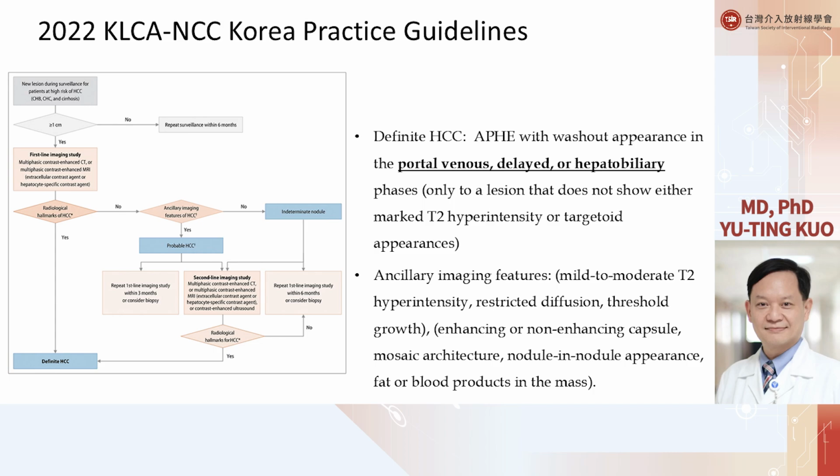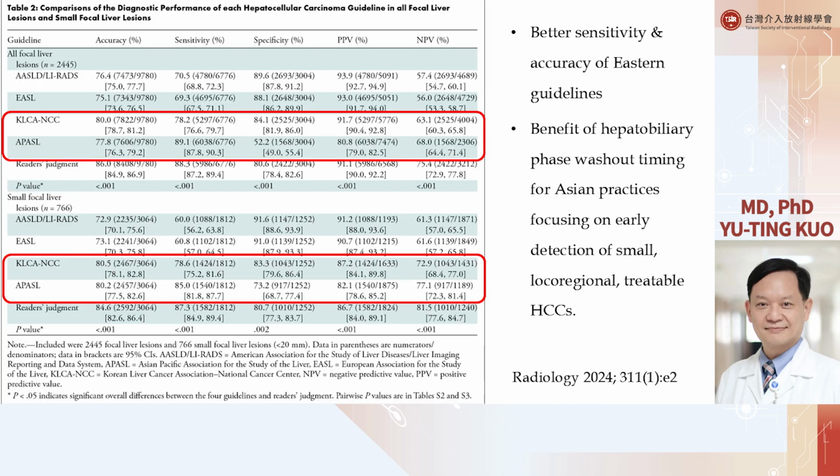So in order to make EOB-MRI more sensitive for making small HCC diagnosis, the Korean specialists have modified the LIRAD system. They say if there is arterial phase hyperenhancement with washout appearance in the portal, delayed, or hepatobiliary phase, but the lesion is not hemangioma or cyst or targetoid appearance, it still can be diagnosed as definite HCC, something like LIRAD-5. By using this system, the Korean guideline has improved the sensitivity from 70% to 78%, while the specificity is slightly downgraded from 90% to 84%.